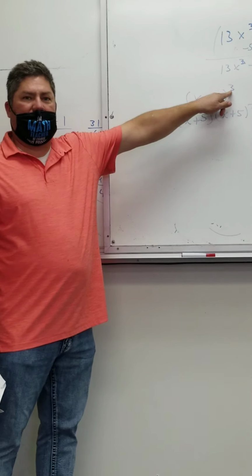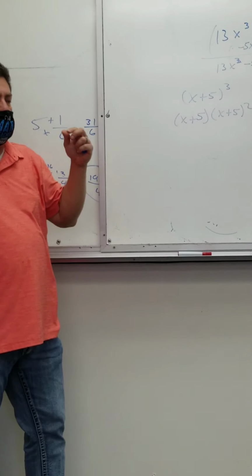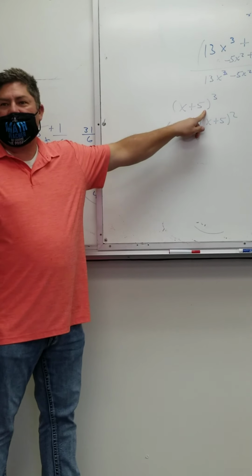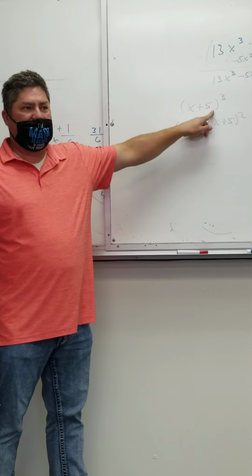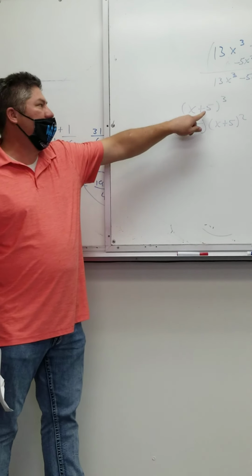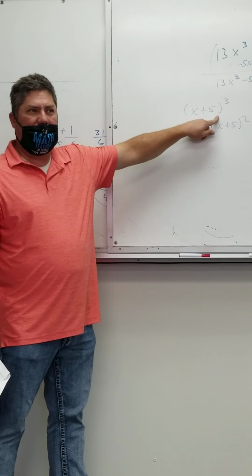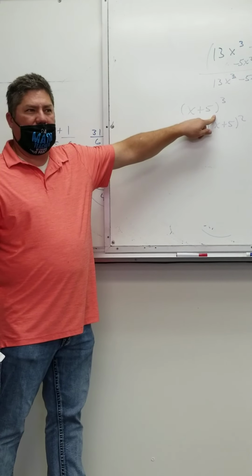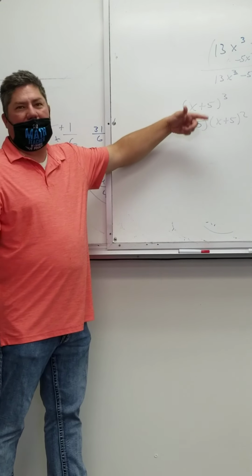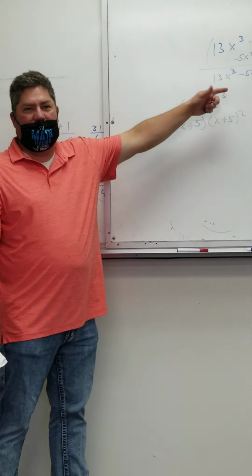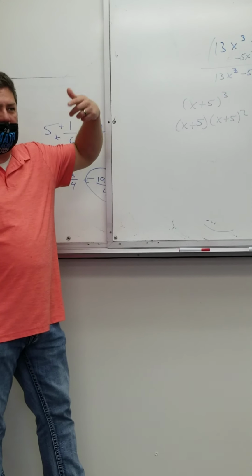So just because this is cubed, don't just wig out and say, oh, I'm just gonna cube this and cube this. Somebody's gonna do that and they're gonna miss it on the test. I'm gonna see an answer of x cubed plus 125, or 225, 625, I don't know. Some big number, right? You're gonna do 5 cubed. 5 times 5 is 25 times 5.